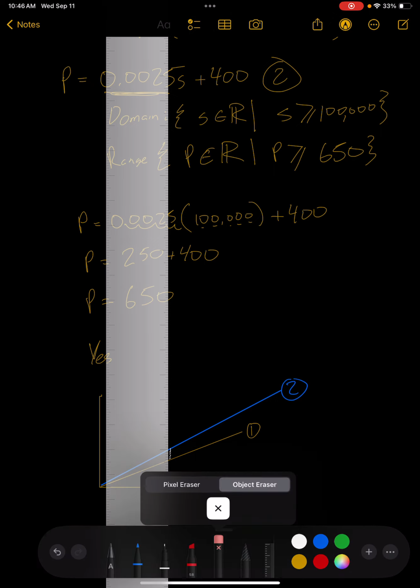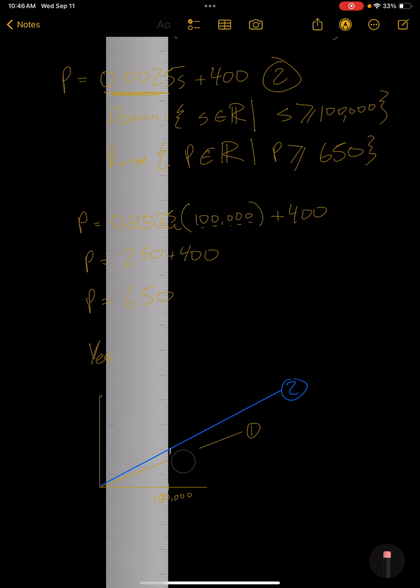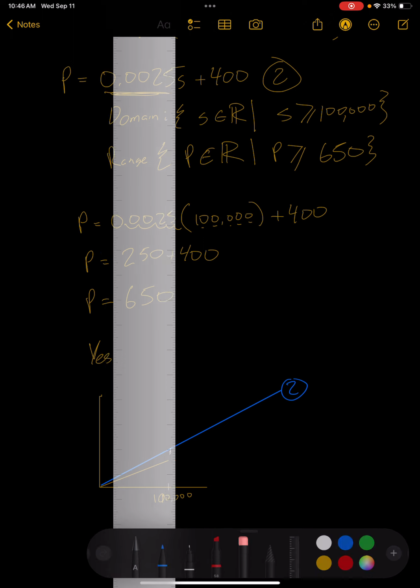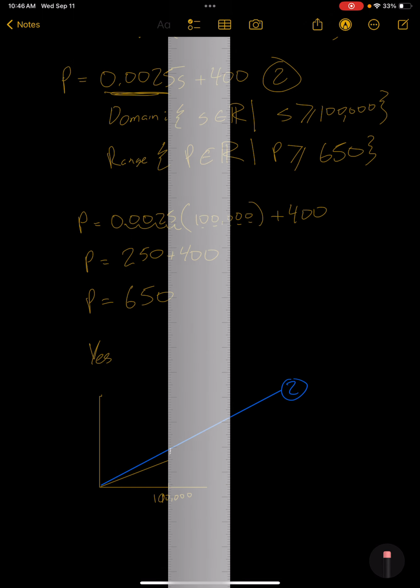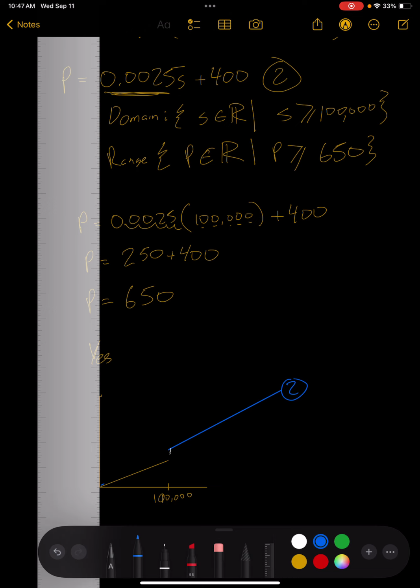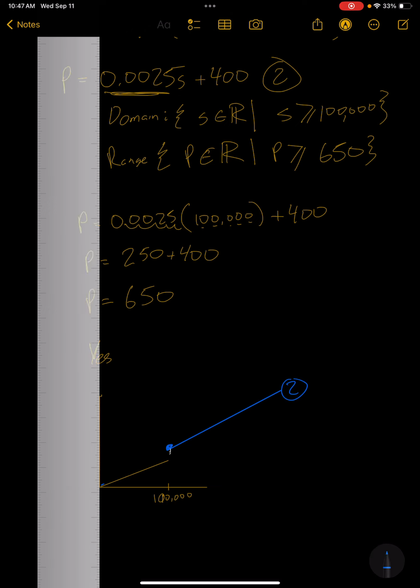So at 100,000, that's defined. But also at 100,000, this one's not defined at all because of the range. And at 100,000 exactly, this is defined.